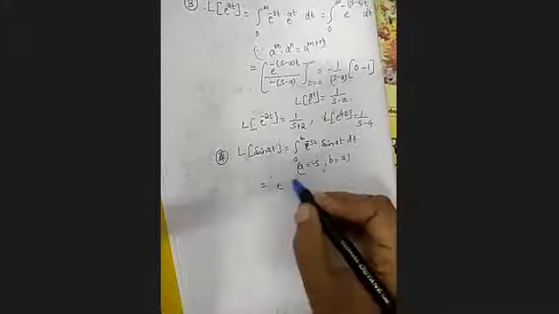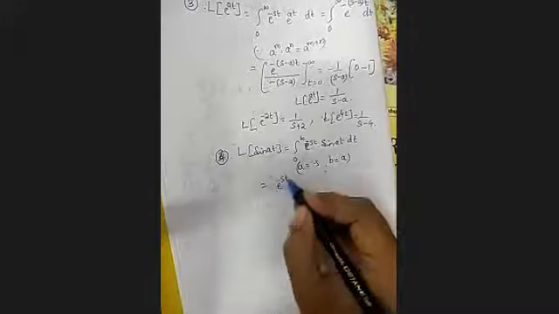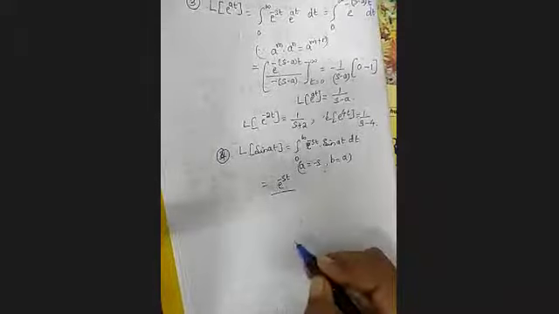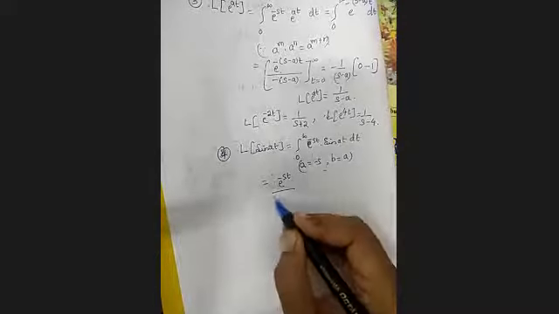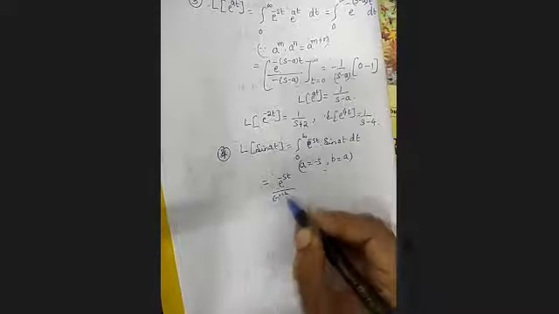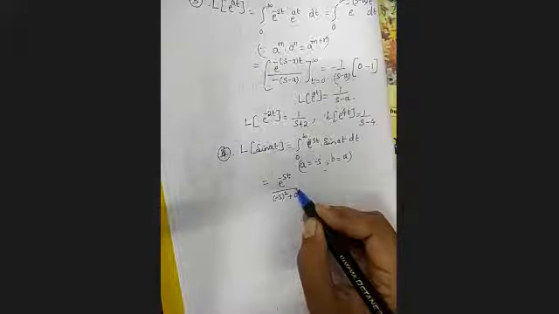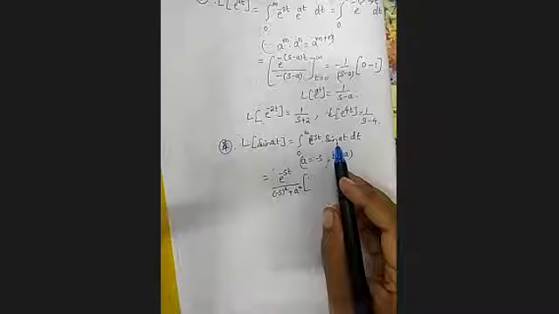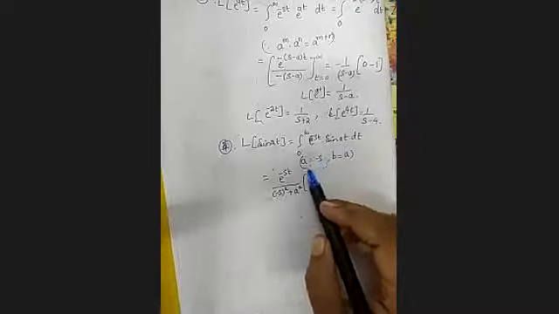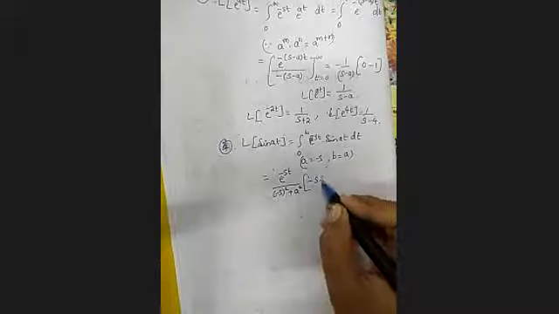So it is e raised to, write the exponential as it is, divided by a squared plus b squared: minus s the whole square plus a square. Then if sine is there, you need to give preference to sine first. What is a here? a is minus s. Sine of at. When you have sine in between, you will get minus cos.